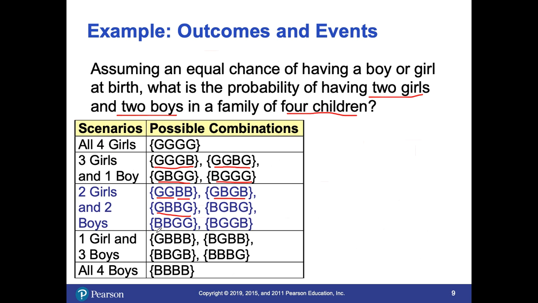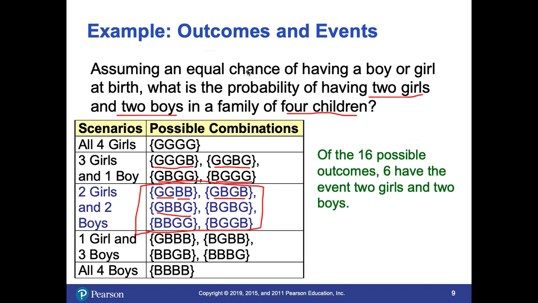The point I'm trying to say is, if you'll notice, I have 6 possible outcomes where a family of 4 children will have 2 boys and 2 girls. Now, how many outcomes are possible total? Well, if you look here, there are 16 combinations possible.